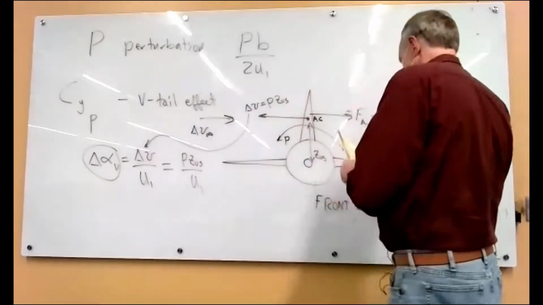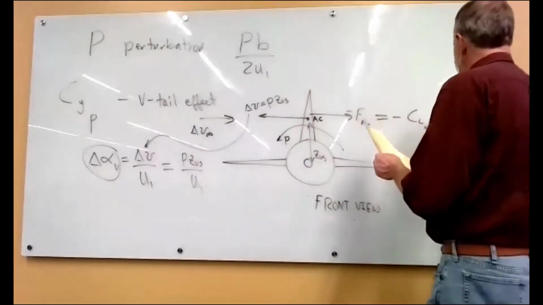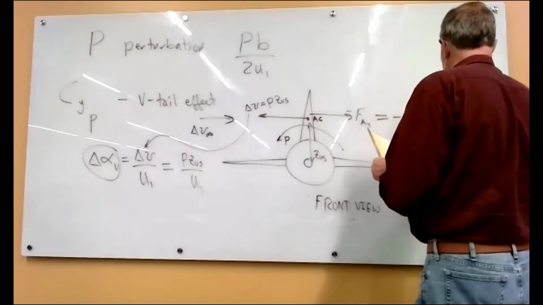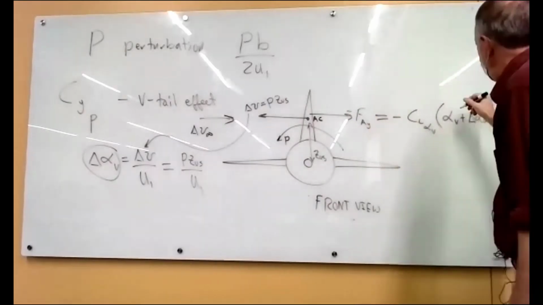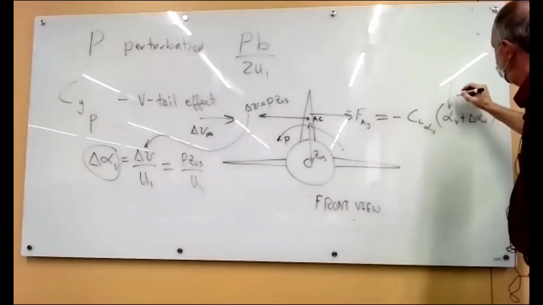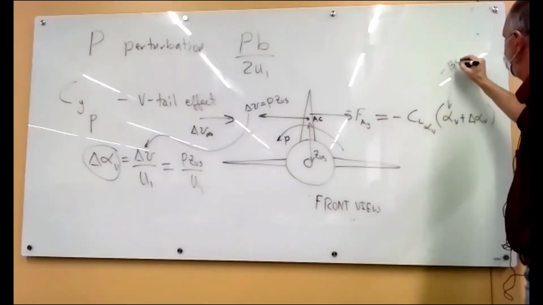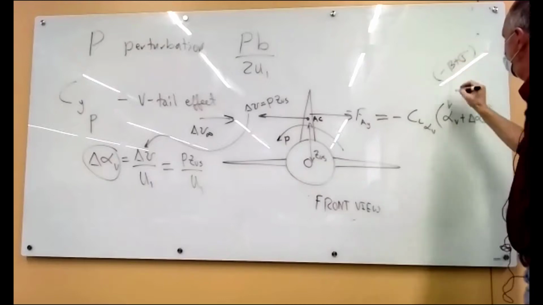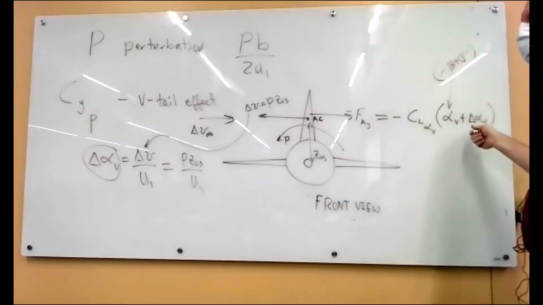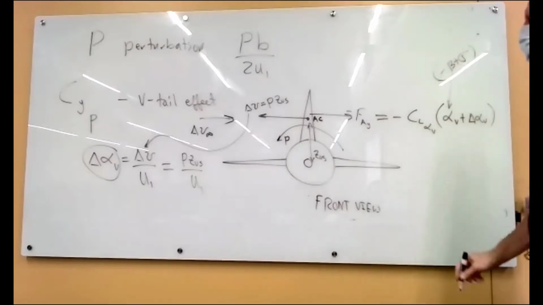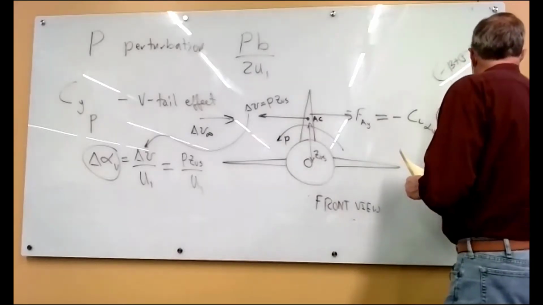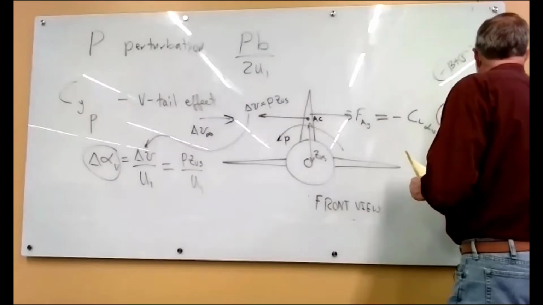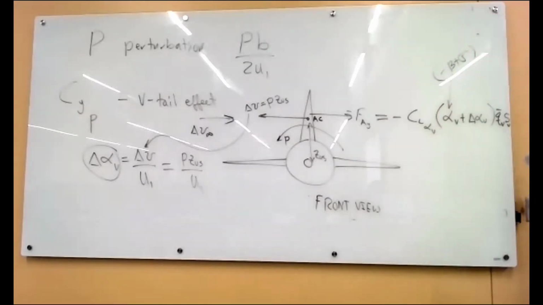So again, lift curve slope of that flying surface. We have the normal angle of attack of the vertical tail, which is minus beta plus sigma, but we don't care about that now. We're just looking at the P effect. And so make sure you put q bar V, SV there.